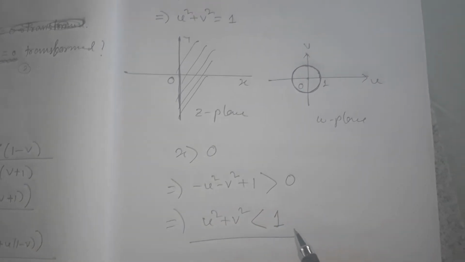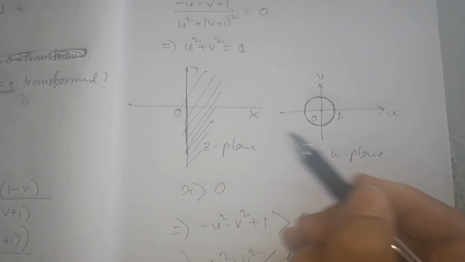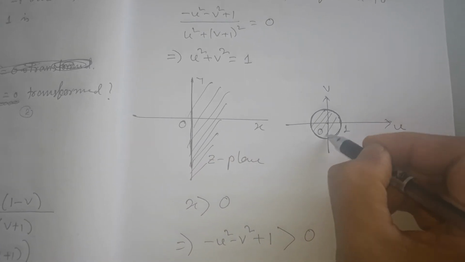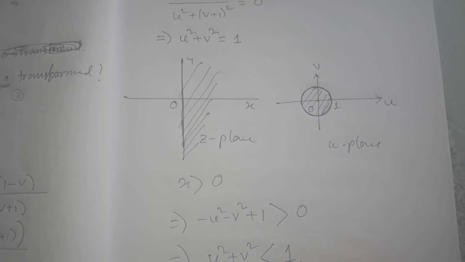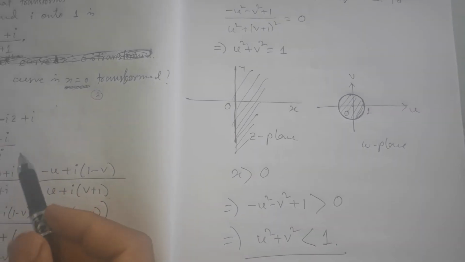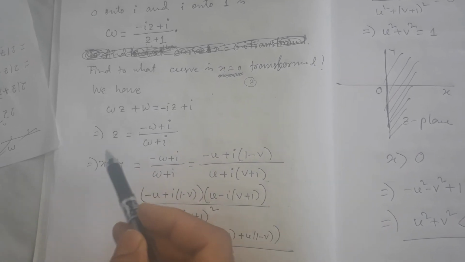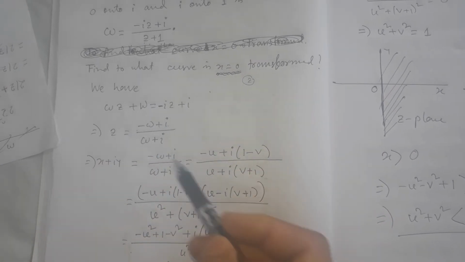So the right half plane will be transformed into the points inside the circle. So this type of question you can solve. Once you find the transformation and solve it for z, and some conditions on z are given, you can find conditions on u and v. So this is the way.